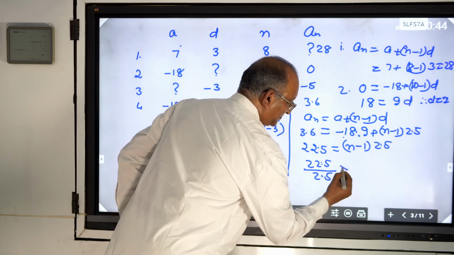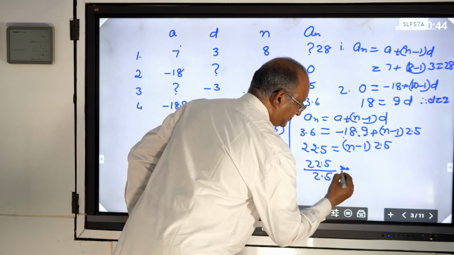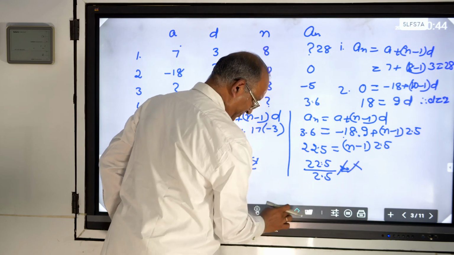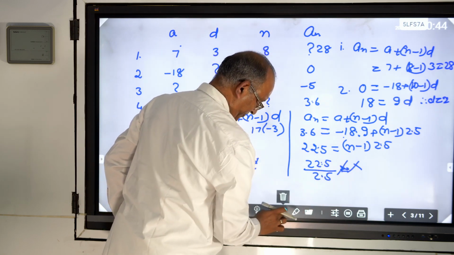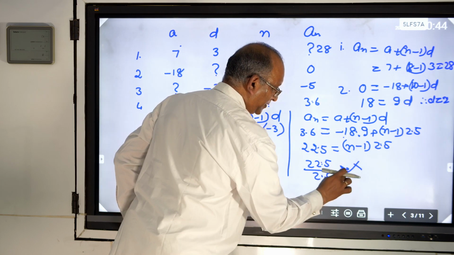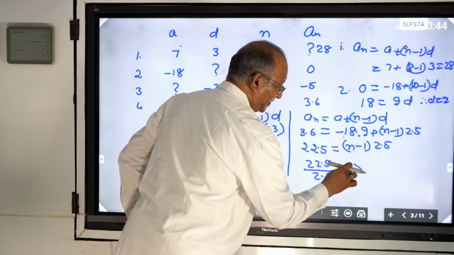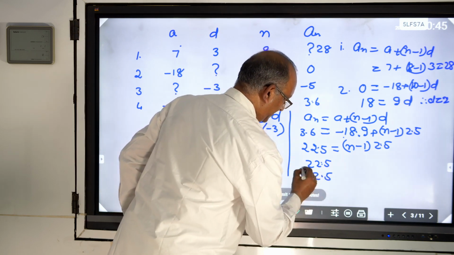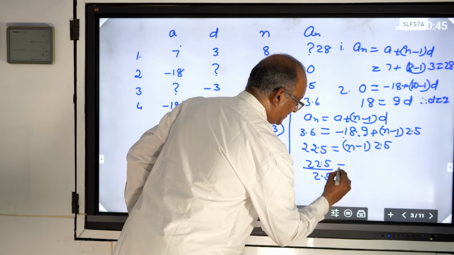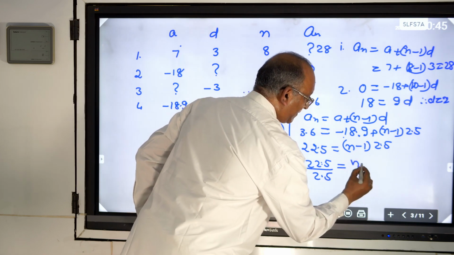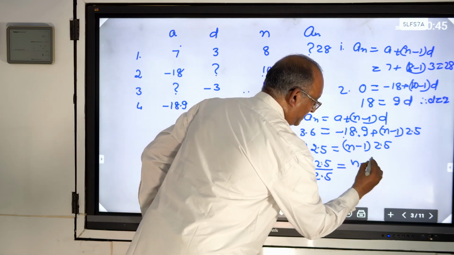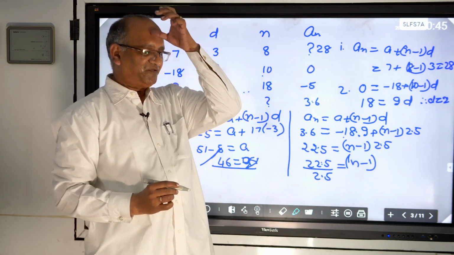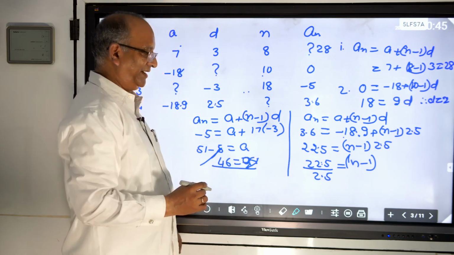Divide 22.5 by 2.5, remove the decimal, it will go 9 times.